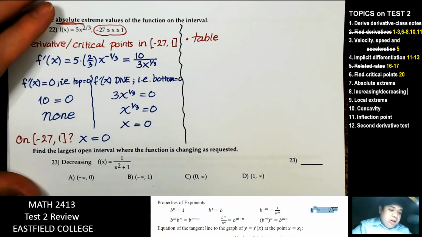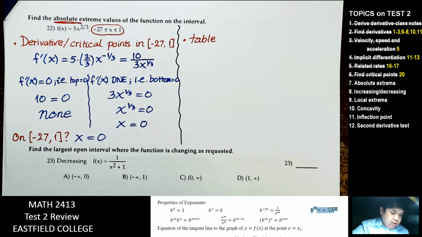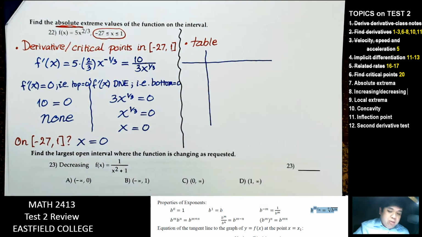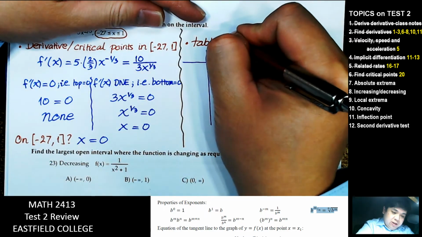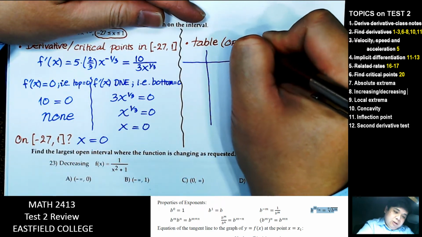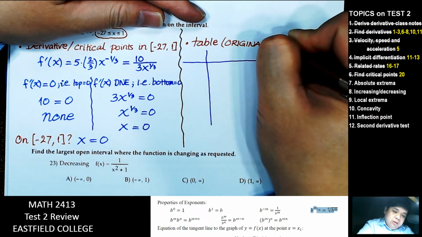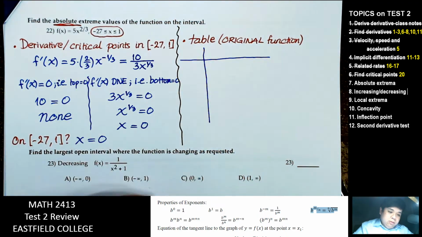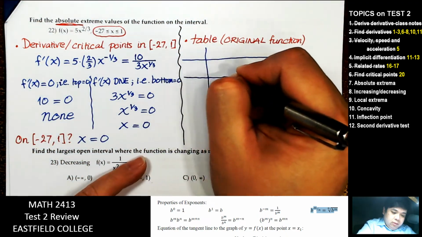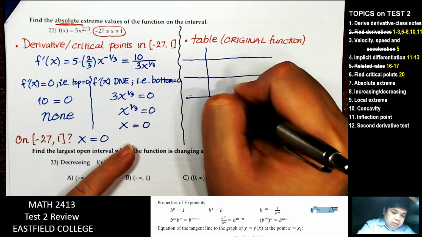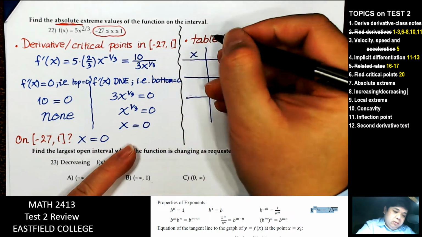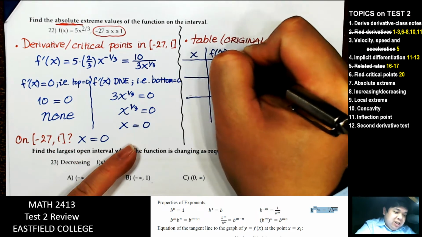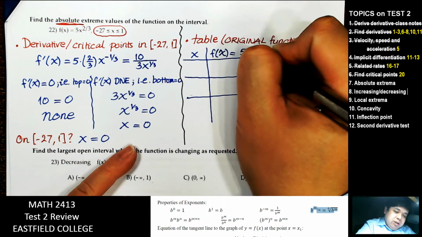But for here, we just have a table, and in the table we use the original function, 5x to the 2/3.